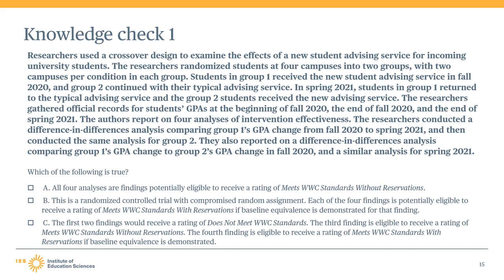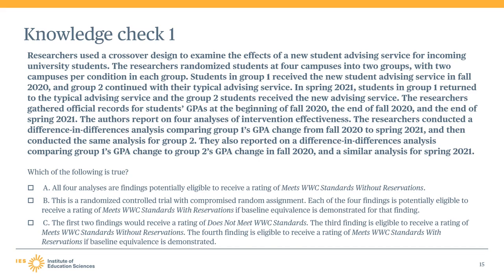Students in Group 1 received the new student advising service in fall 2020, and Group 2 continued with their typical advising service. In spring 2021, students in Group 1 returned to the typical advising service, and the Group 2 students received the new advising service.